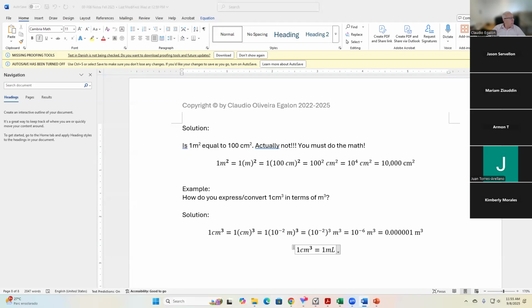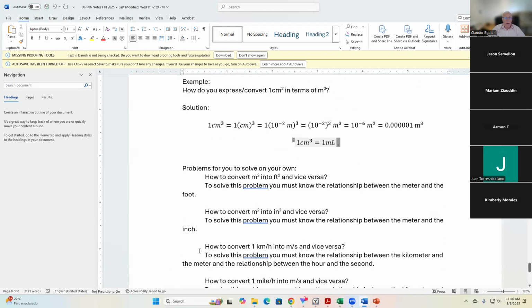Okay, and then you can practice it at home. I'm going to give you an assortment of simple exercises, problems for you to solve on your own. How to convert square meter to square feet, and vice versa. Don't forget you have to know the relationship between meter and the foot.